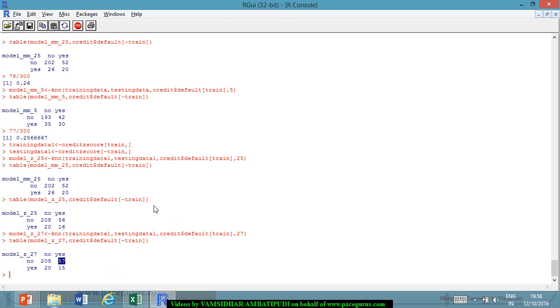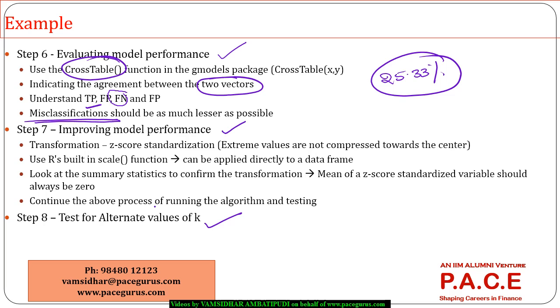Now I should try out all these different possible combinations and see which particular value of k reduces my overall error rate, so that the system is able to do the learning process more and more effectively. The higher the accuracy and the lower the misclassification rate, that particular value of k I would be using for the futuristic prediction purpose.